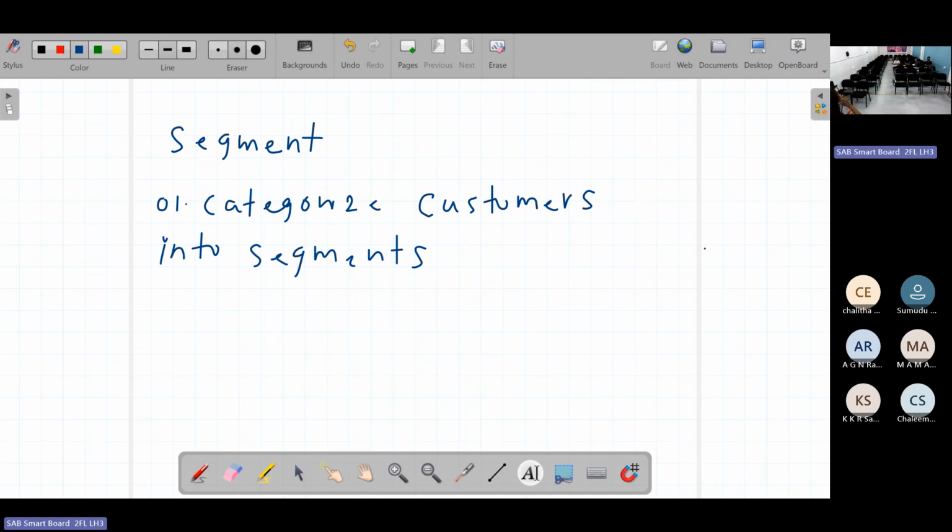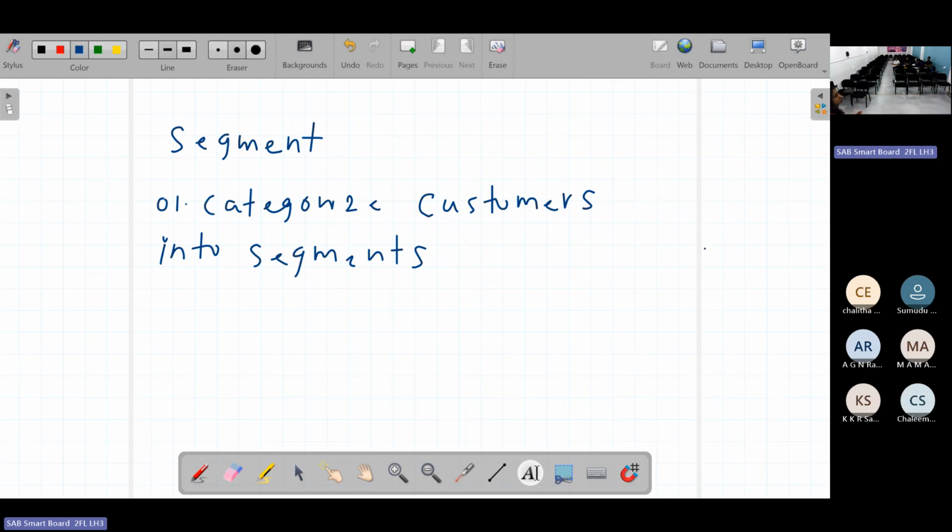But here what we are going to do is identify the differences of customers. Based on those differences, we are going to segment them, categorize them. Then relevant to each category, we are going to modify our product. And we may not be offering to every segment. We will be selecting few segments. And even though we are offering to several segments, the product may not be the same.